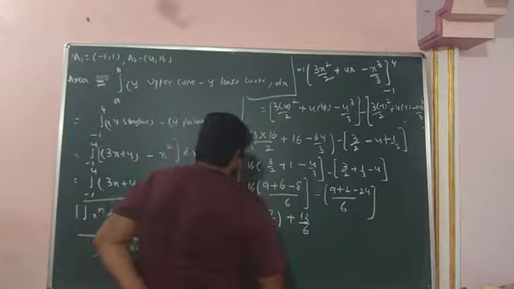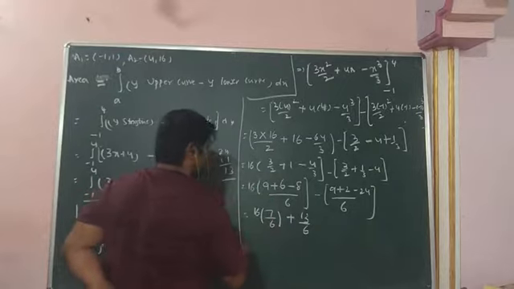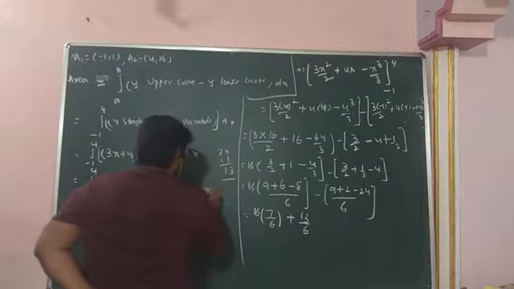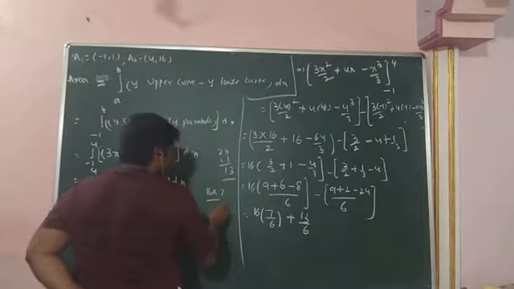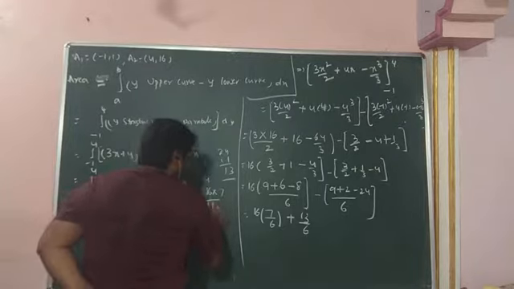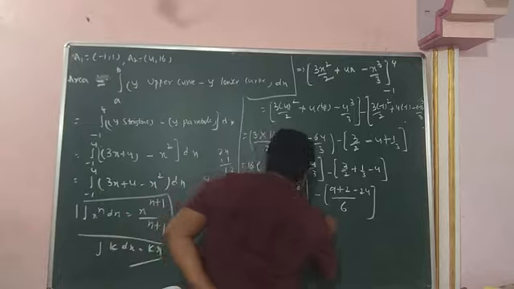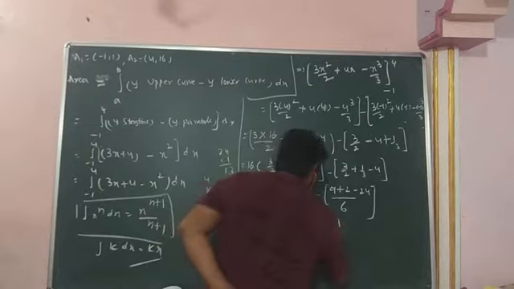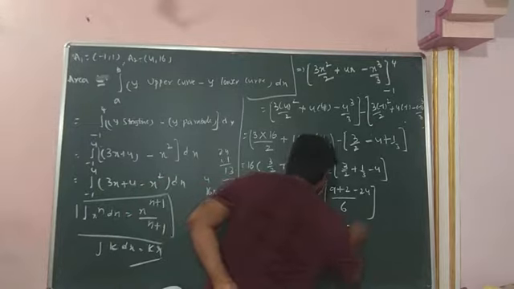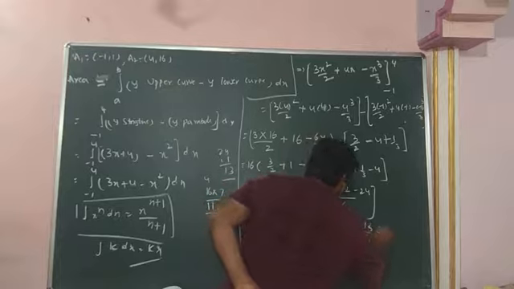So we get 16 into 7, that is 112. This is 112 divided by 6 plus 13 by 6.